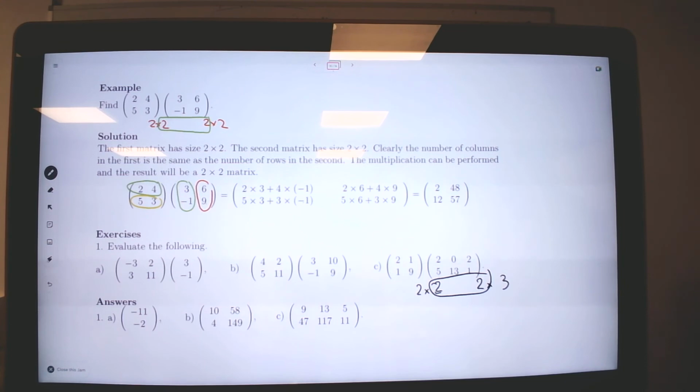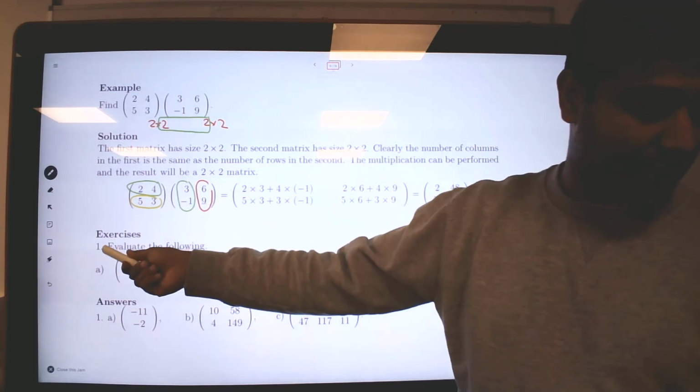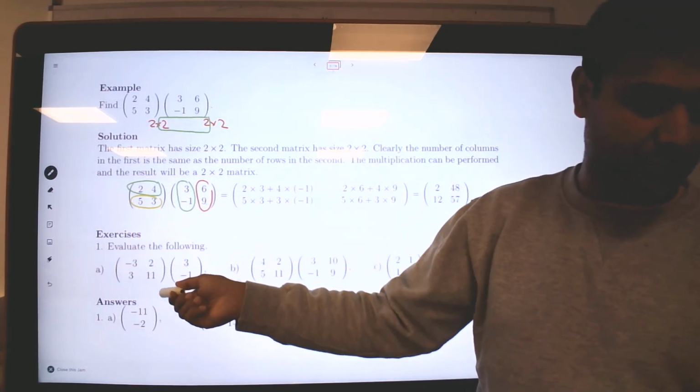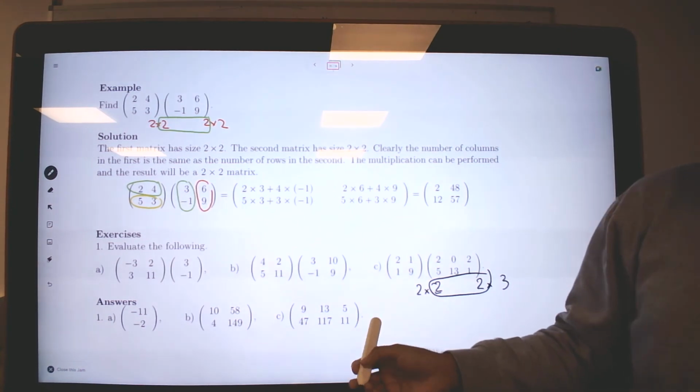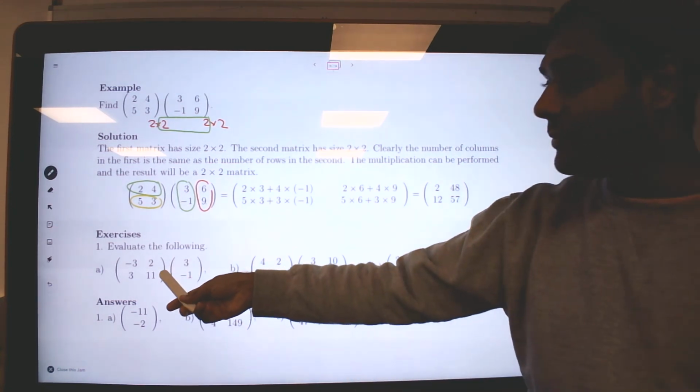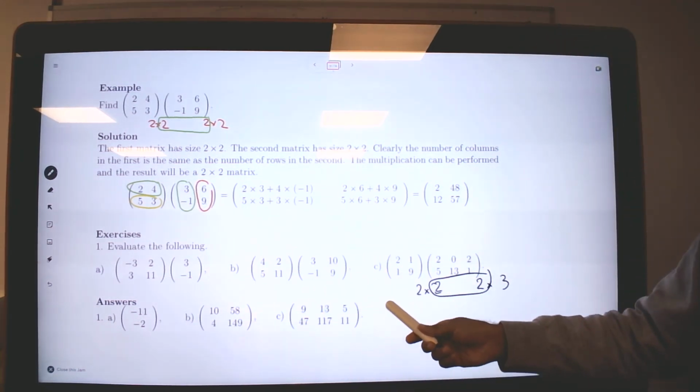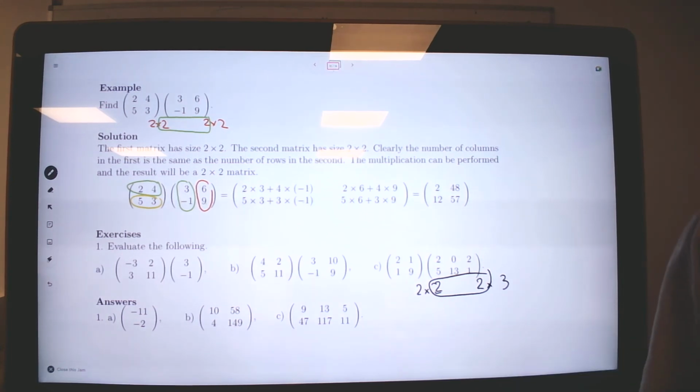The best thing to do when you're trying exercise number 1, A, B, and C, is make sure you write down the order of the matrix, and then figure out if you can multiply or not, and then proceed forward.